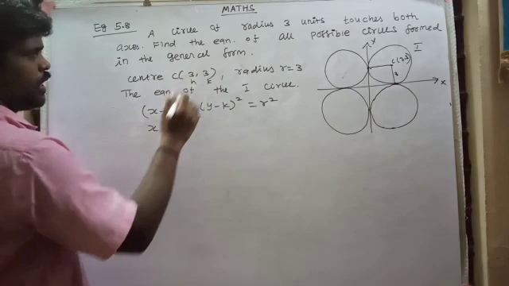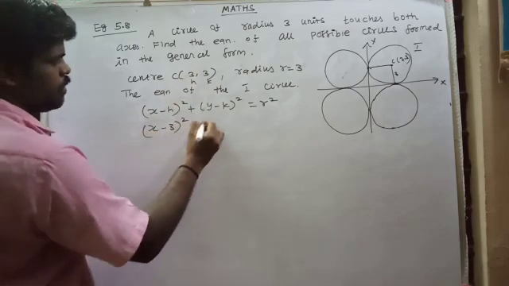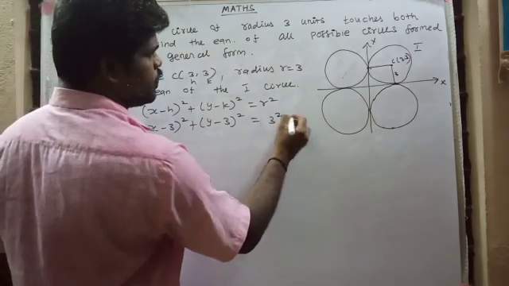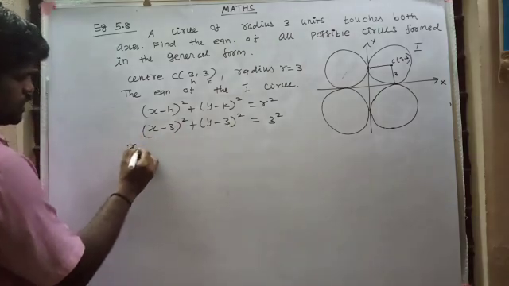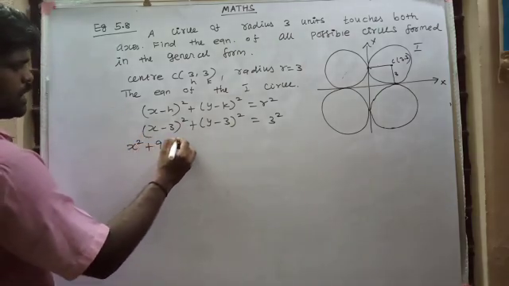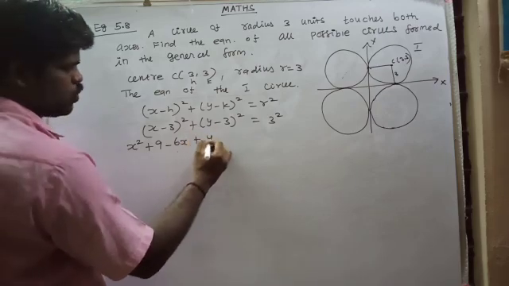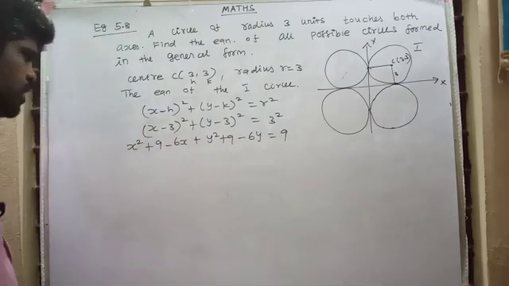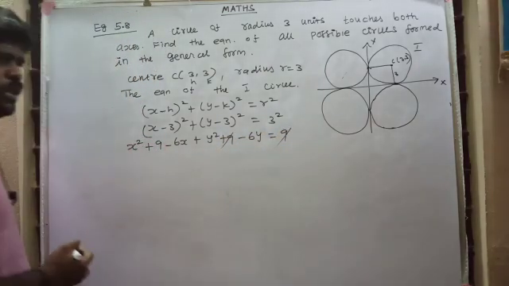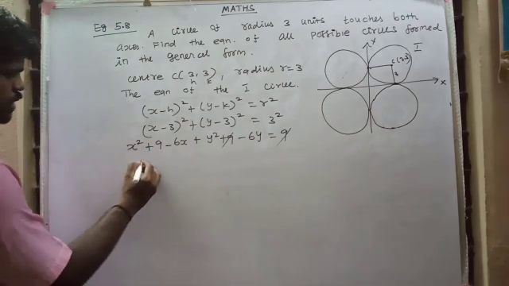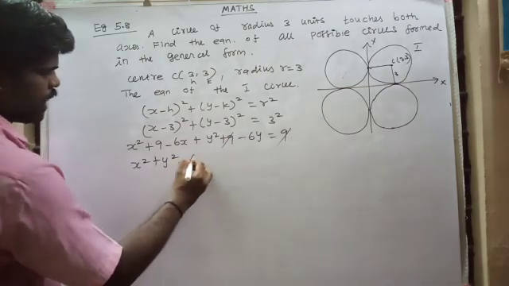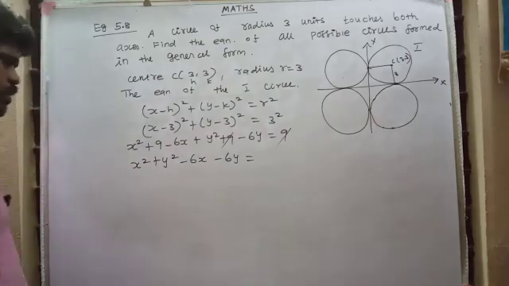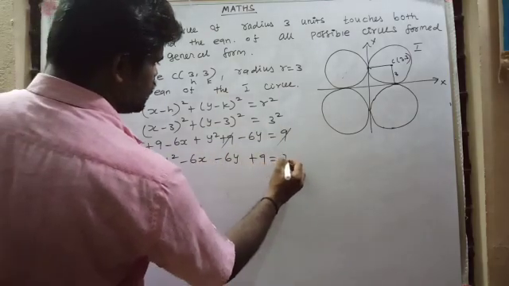Here h comma k is 3, 3, so x minus 3 the whole square plus y minus 3 the whole square is equal to r square, the value is 3 square, which is 9. We have to expand this: x square plus 9 minus 6x, plus y square plus 9 minus 6y, equal to 9. We cancel one 9 here, and one 9 is remaining. So x square plus y square minus 6x minus 6y plus 9 equal to 0.